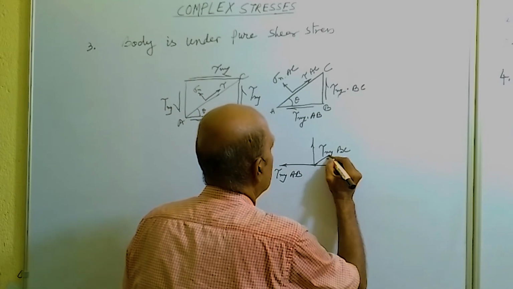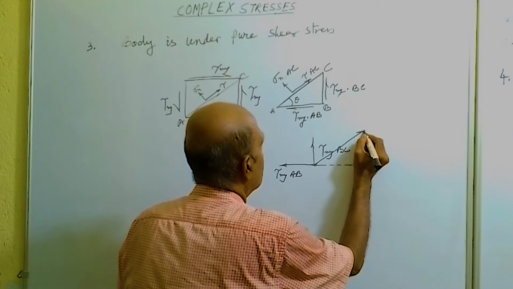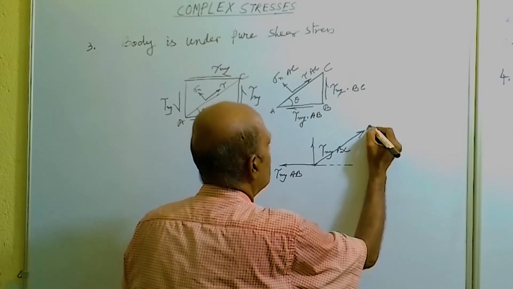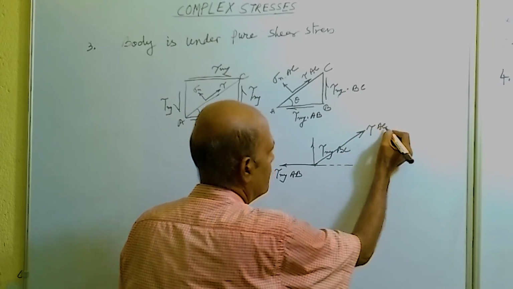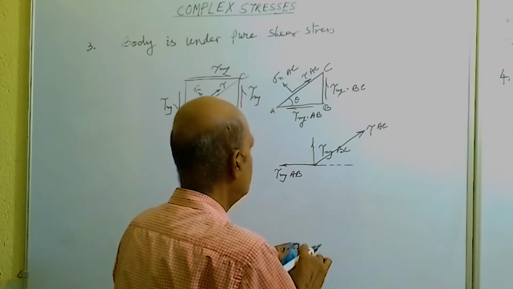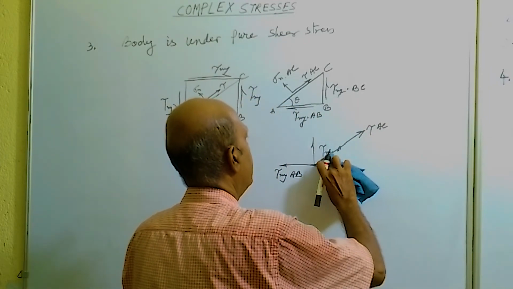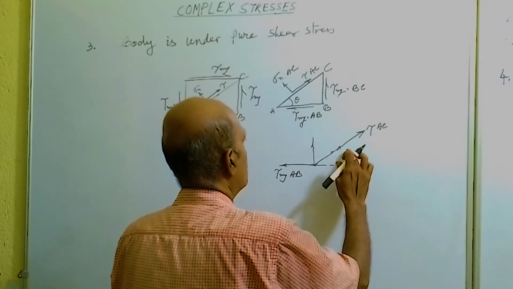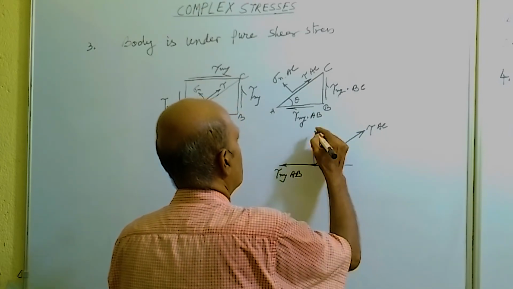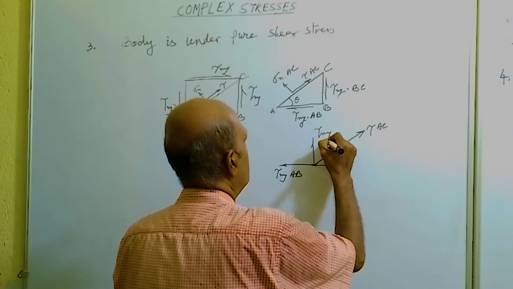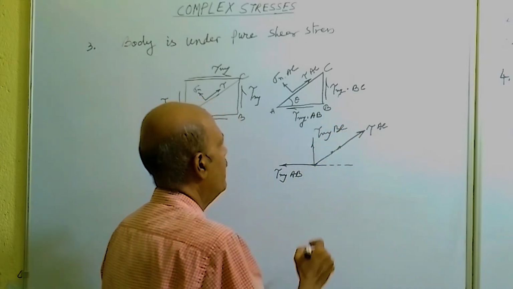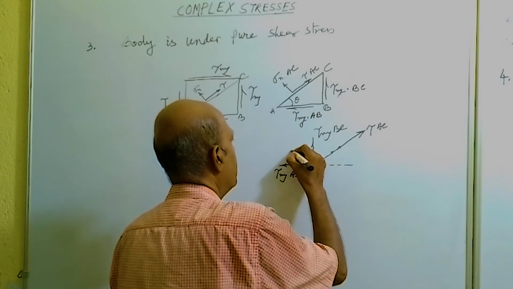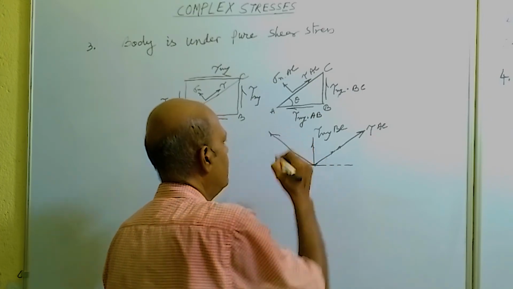So with this at an angle theta, the stress acting is tau into AC. So just I am writing again, that is tau xy into BC. Okay, with this at an angle 90 degree, the normal stress is acting.